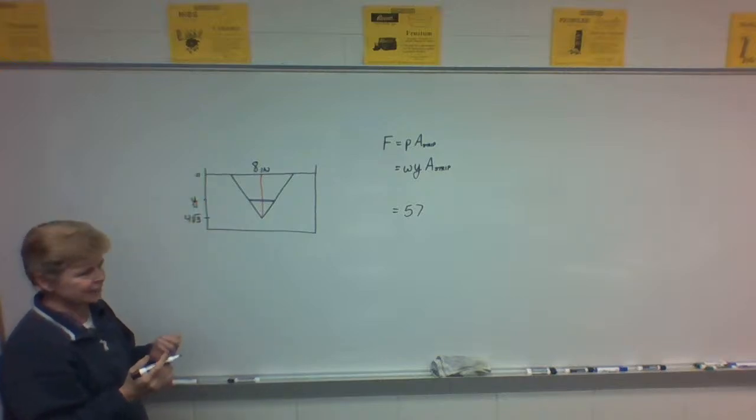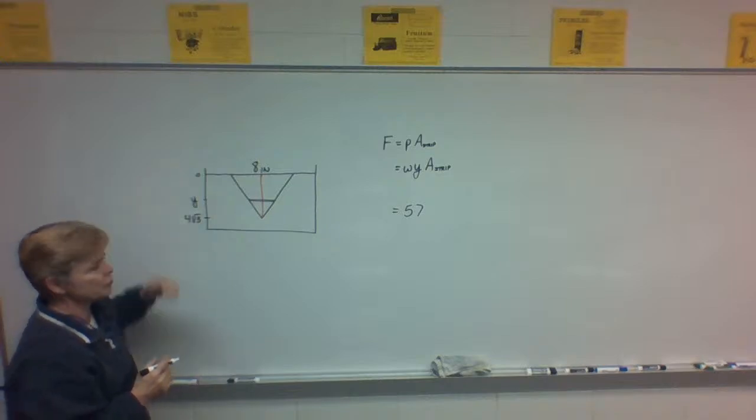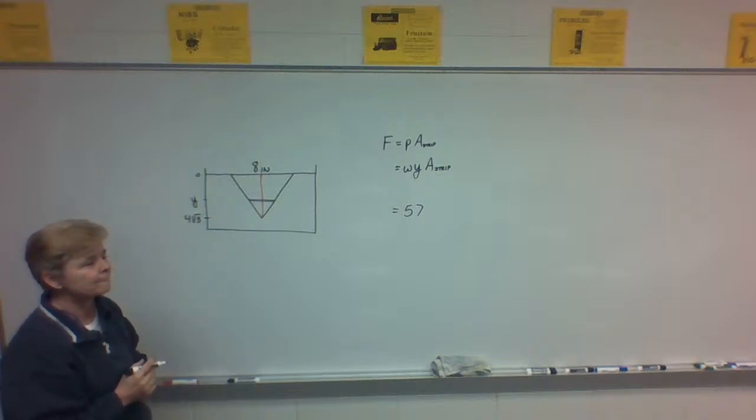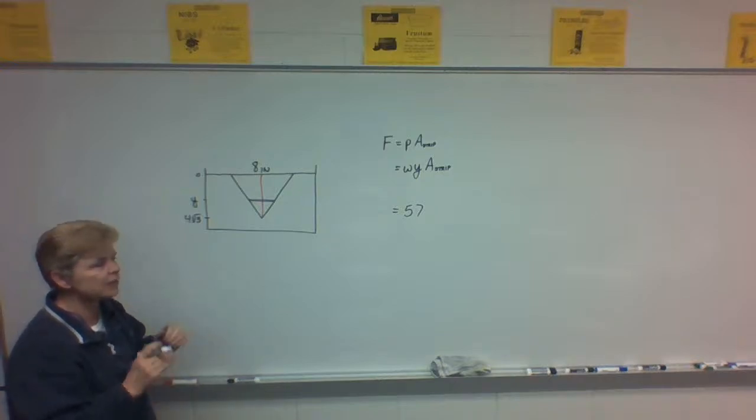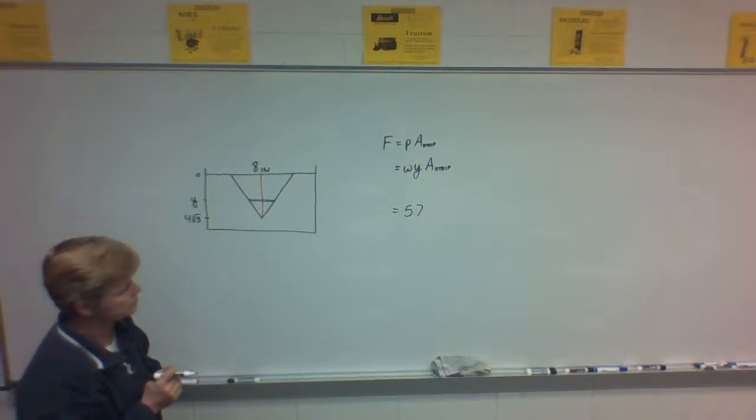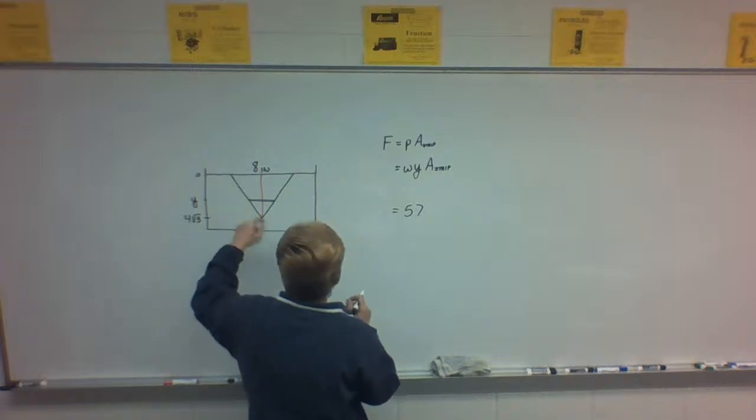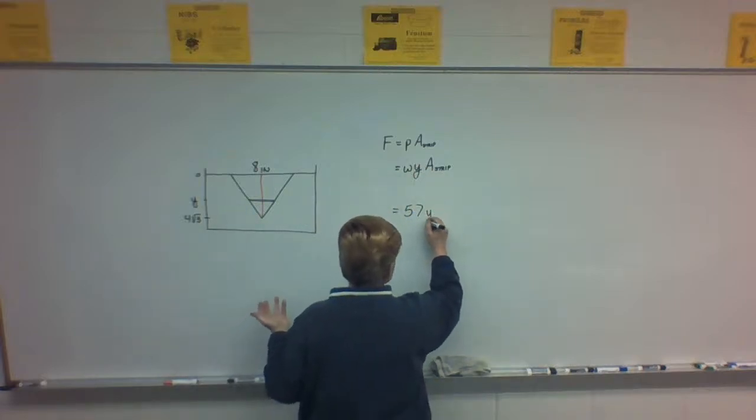Every strip is y deep, as long as we collect the strips from 0 to 4 root 3. The 57 is just the density of the oil, and that will be given. Whatever they're dipping it into, they'll give you the density. So our depth is y.